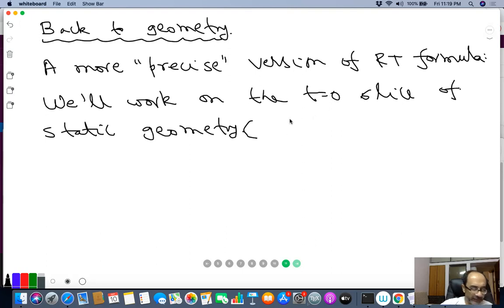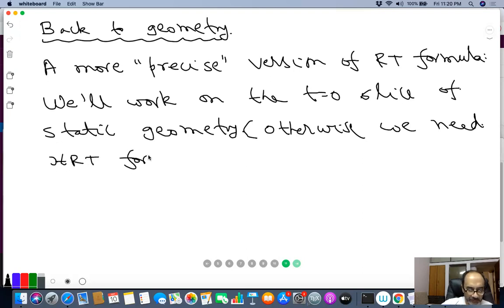For the general formula we'll need what is called the HRT formula. This is Hubeny, Rangamani, and Takayanagi. They generalize the RT formula away from static geometry and the t=0 slice. But we will not consider it. We will consider only the t=0 slice and static geometry.